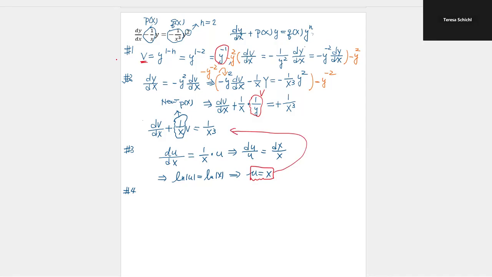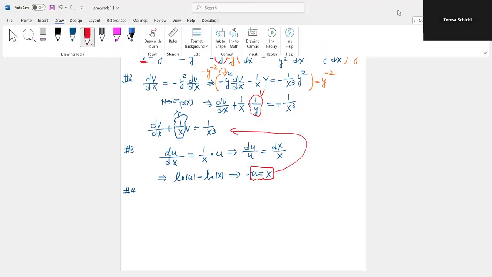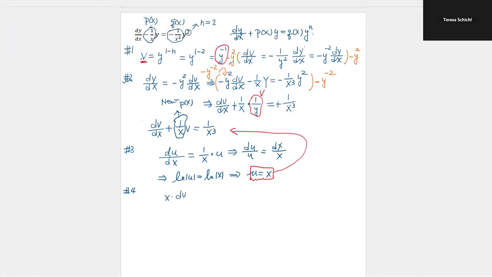Okay, then let's see what happens here. So you substitute back, so you will get x times dv/dx. Basically you multiply by the u in this equation. Plus, now the x times 1 over x is cancelled, so we only have v, then this is 1 over x cubed, you times x.